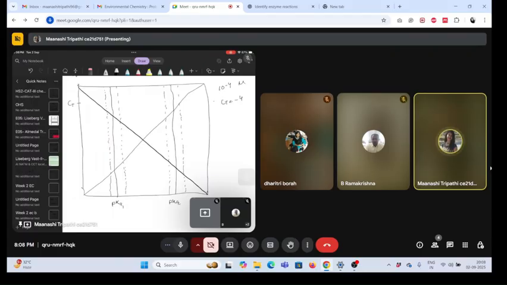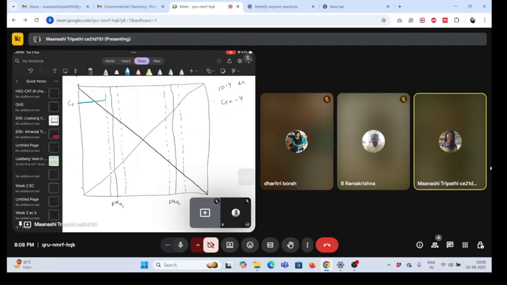So H2A is a straight line till this point, till 1 unit before that particular pKa value.